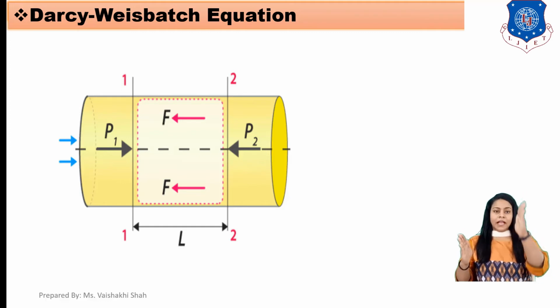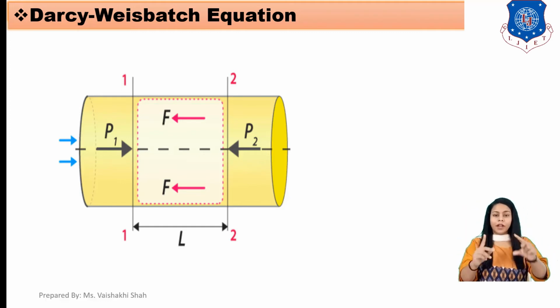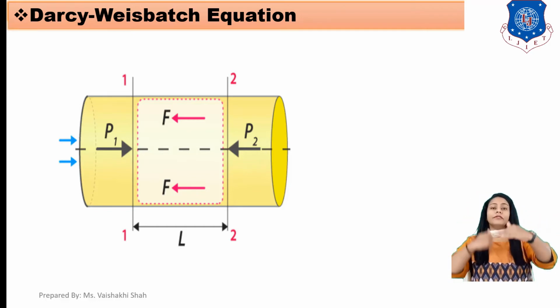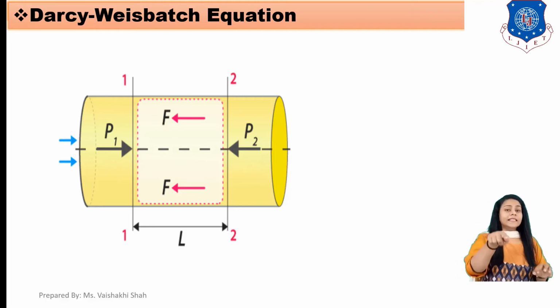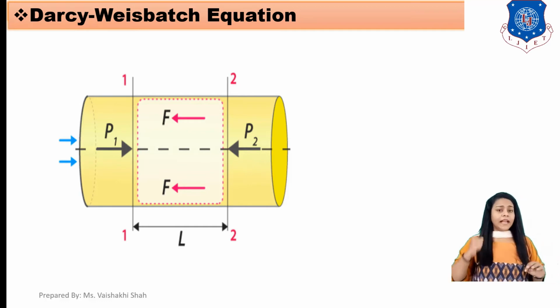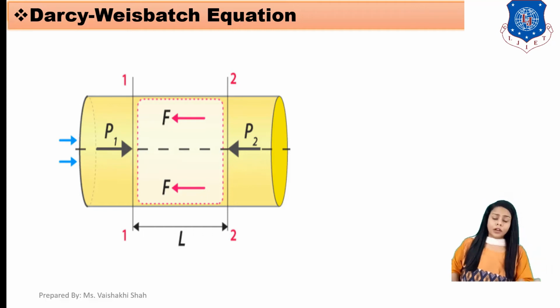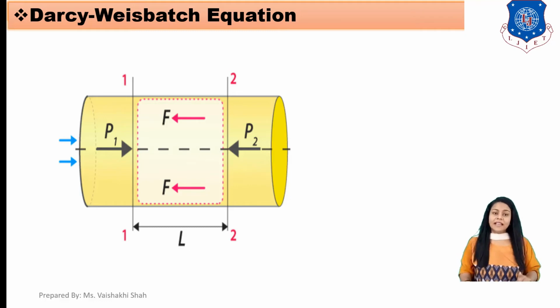Now, when a fluid is flowing on the surface of the pipe, there are some friction losses, and in this diagram we indicate that loss as F. F is a loss due to friction. The length between section 1 and section 2 is L.